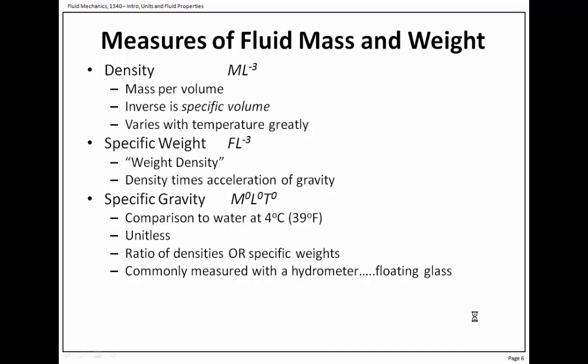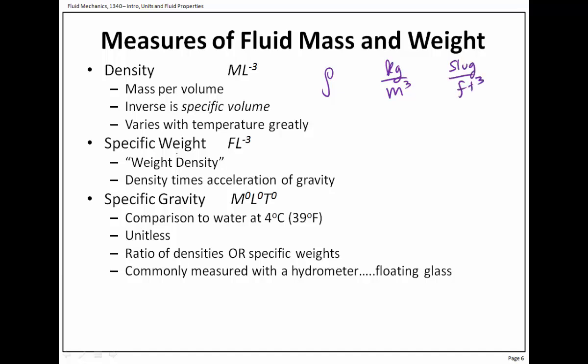Now, in the measures of fluid mass and weight, this is an important property to mention. The thing that we look at here is density, which has the MLT designation of M L to the minus 3. That is mass per volume. This is usually designated by rho, and it can have units of, let's say, kilograms per meter cubed, or maybe slugs per foot cubed, right?